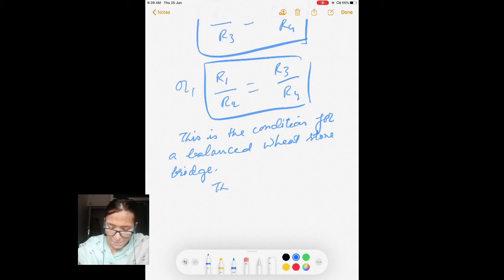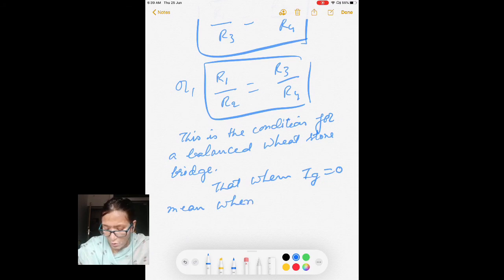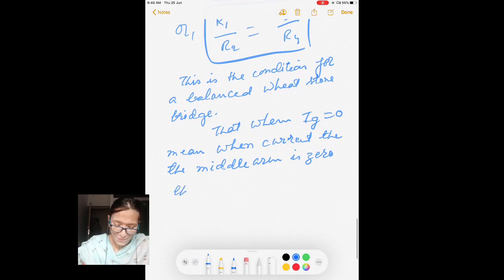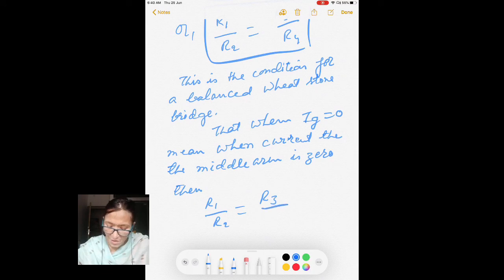That when Ig is equal to 0, means when current through the middle arm is 0, then the ratio of the two resistances R1 upon R2 must be equal to the ratio of the other two resistances R3 upon R4.